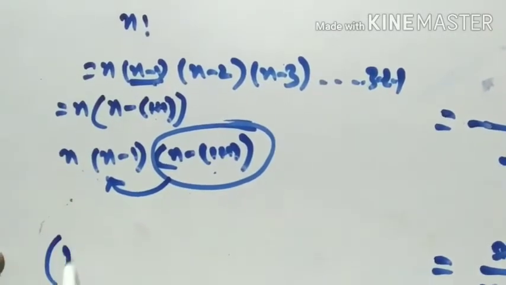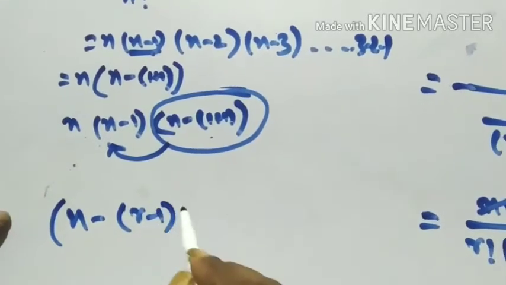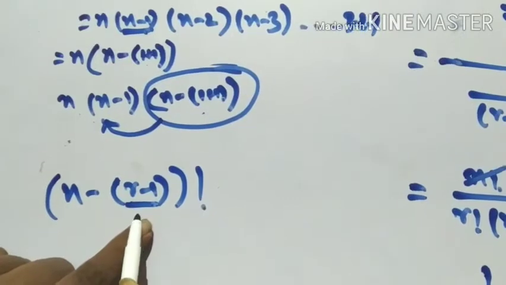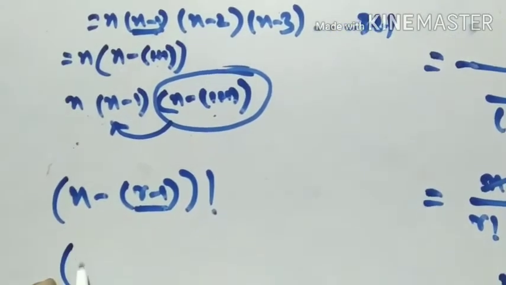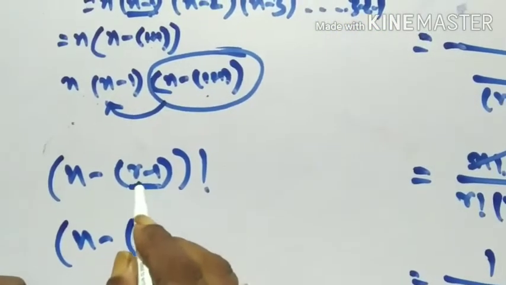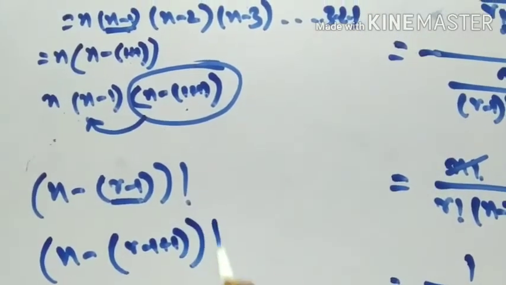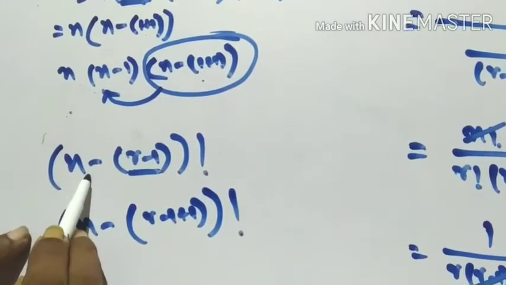So here, in (n minus r minus 1) factorial, this is the second term, and we are increasing it by 1. That means n minus 1 plus 1. This whole becomes 1 less than the above.